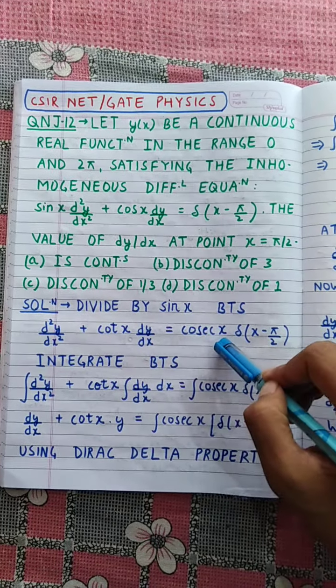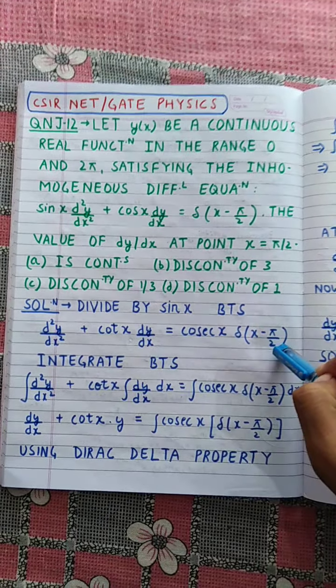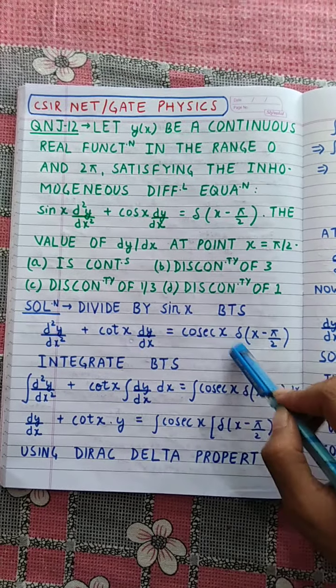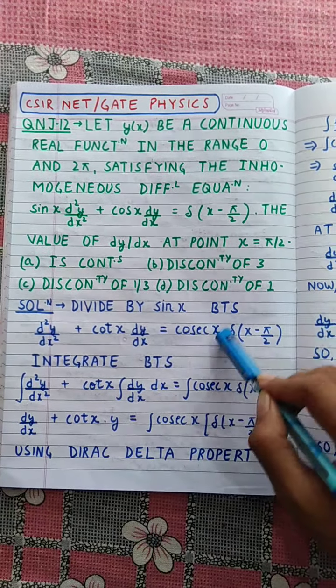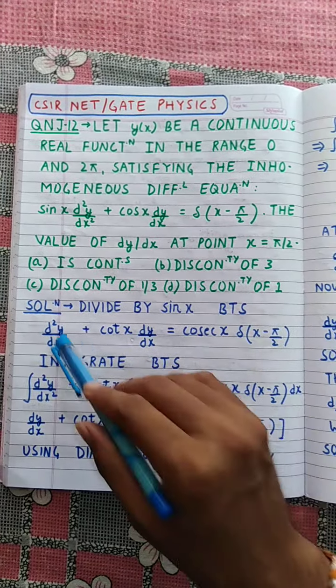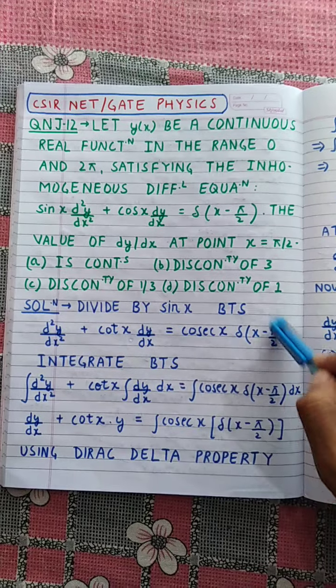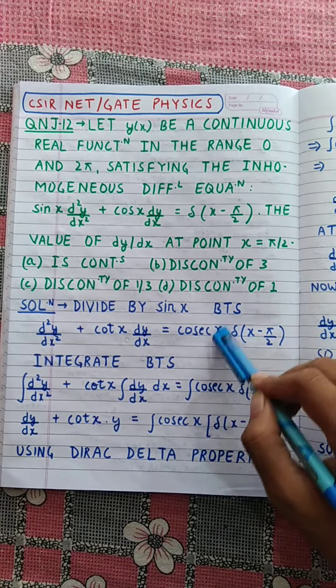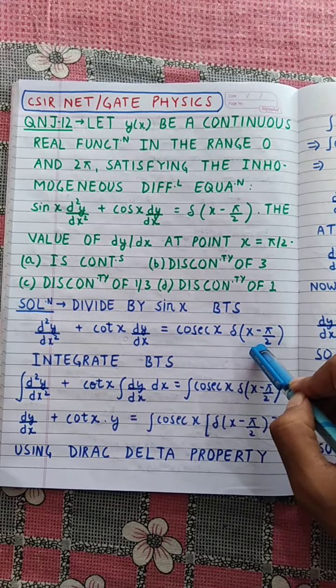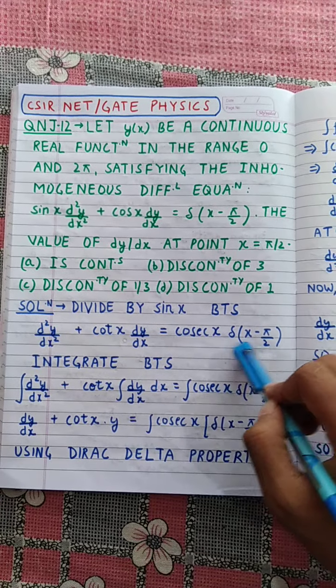Now what is different here is the term delta of x minus pi/2. If we observe it carefully, this is a Dirac delta function and it will satisfy the Dirac delta property.